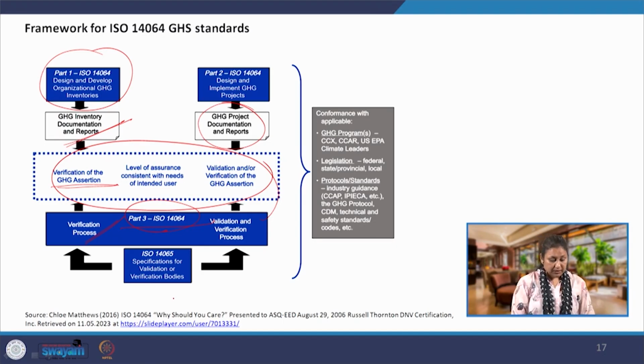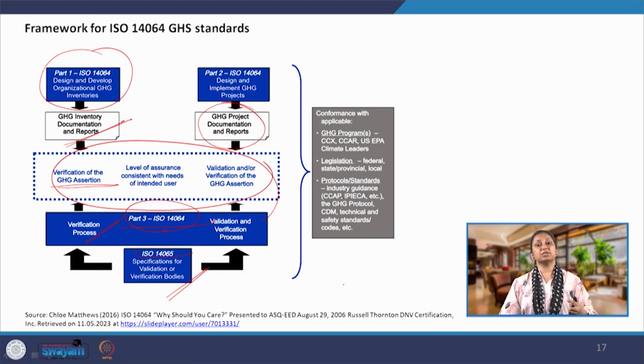Now, in addition to this 14064, 14065 helps us in defining the specifications for validation and verification bodies. Who will verify? The organization which is reporting the emissions will not verify. So, there is a third party, a body which will validate and verify the emissions.